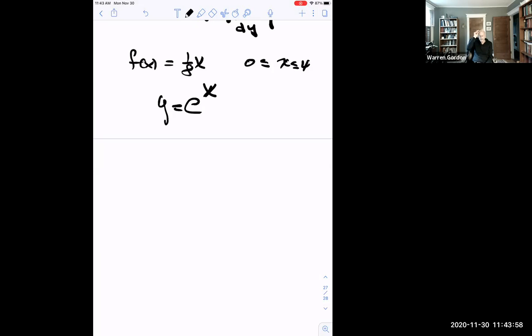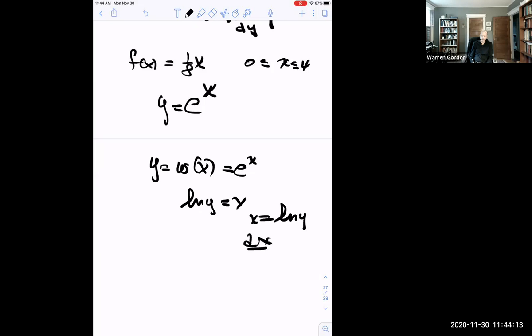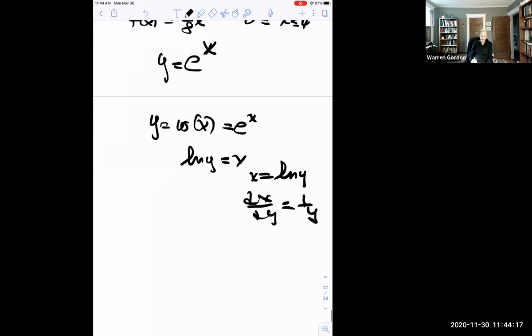So I'm telling you w sub x in this case is e to the x. So if you solve, x equals ln of y, and dx dy is 1 over y. So we know that g of y is equal to f of x times dx dy.